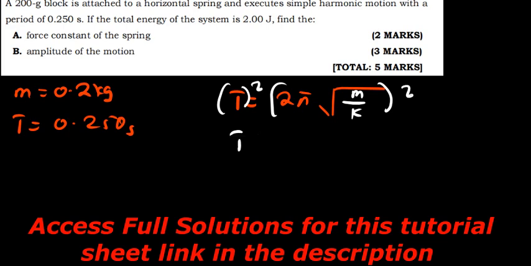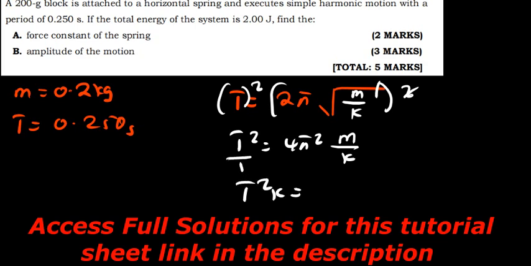So this will be T squared is equal to 2 pi squared, which is 4 pi squared, times m over k, because the 2 and the square root have cancelled. Now we cross multiply: T squared times k is equal to 4 pi squared times m.